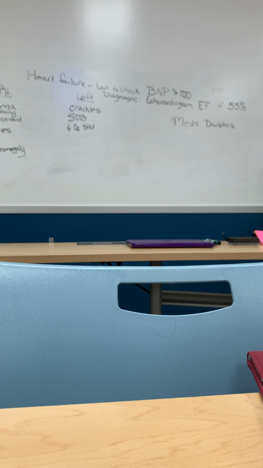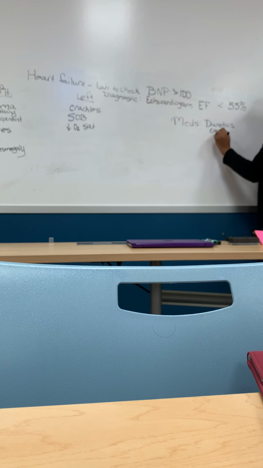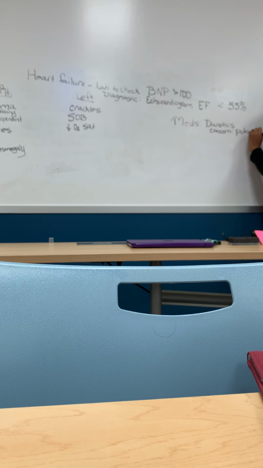Sometimes they may give them HCTZ, and sometimes they give them both, depending on how much fluid they have. If you give diuretics, what is your priority concern for these patients? Potassium. So look at your potassium level. Is it going to be high or low? Probably low.